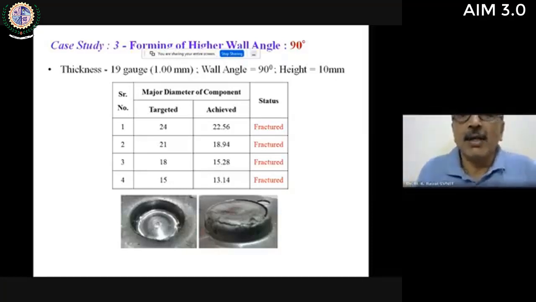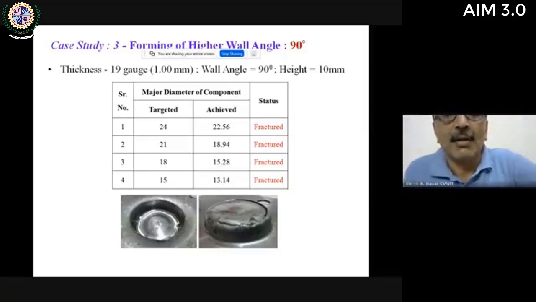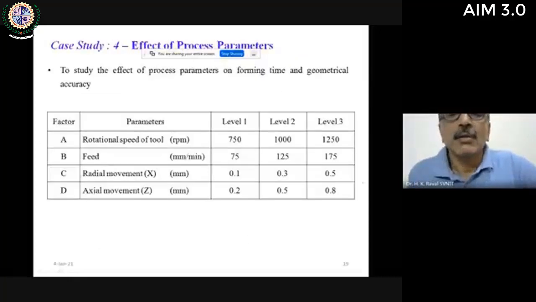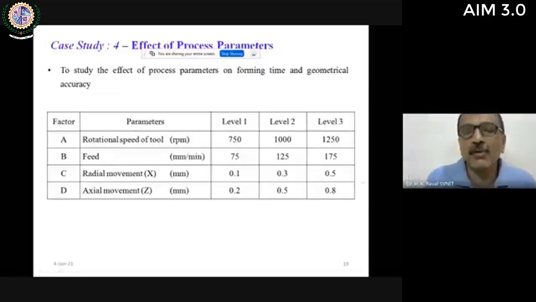We tried different diameters, smaller diameter to larger diameter, 15 mm to 24 mm. In each of these attempts, we could not successfully form it, because 90 degree is really excessive forming, so it is not possible.